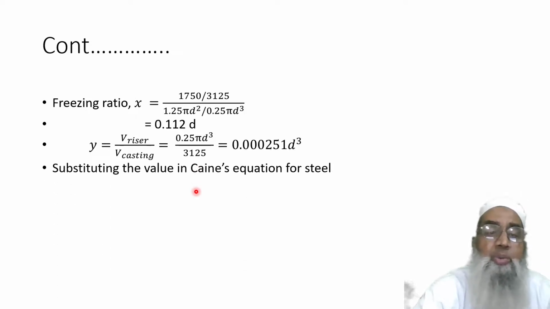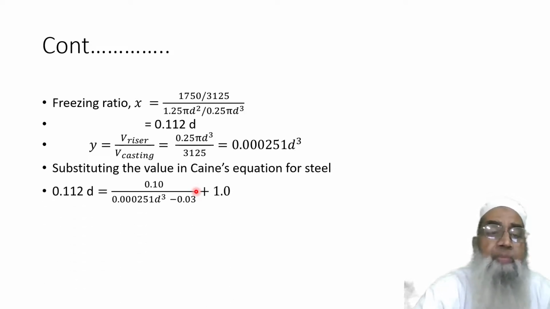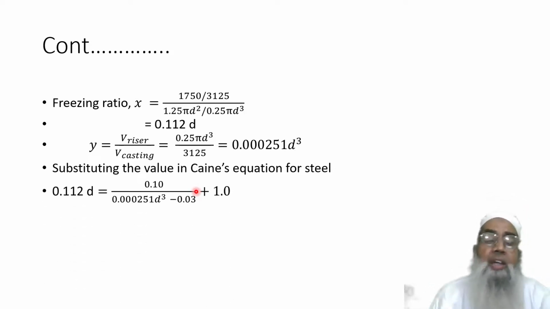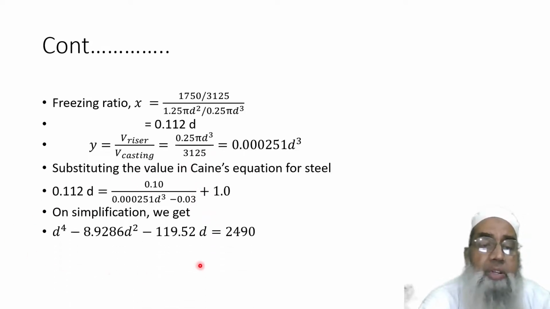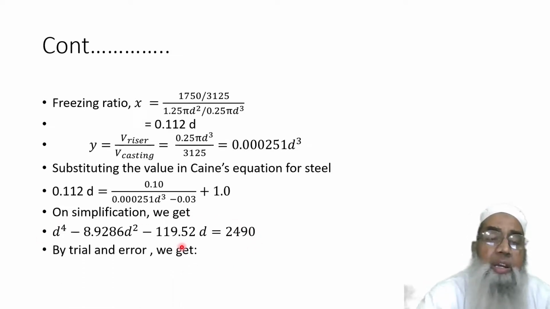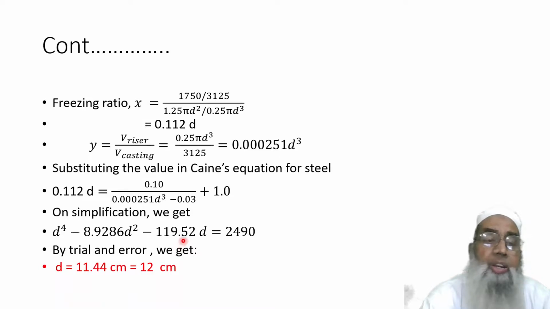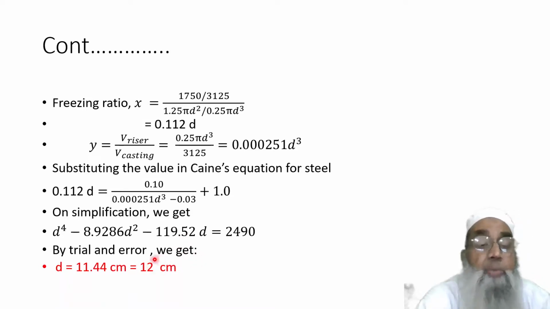Substituting this value in the Cain's expression for the steel, with the values from the table, we simplify it and have the equation. Now, by trial and error method, it comes out to be 12 centimeter, very much close to the equation given earlier by a simple method.